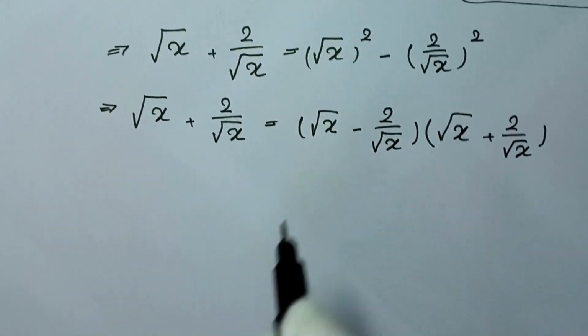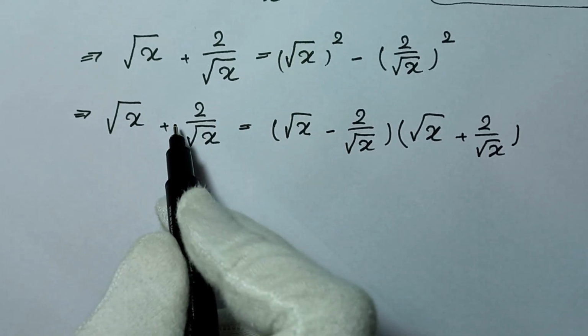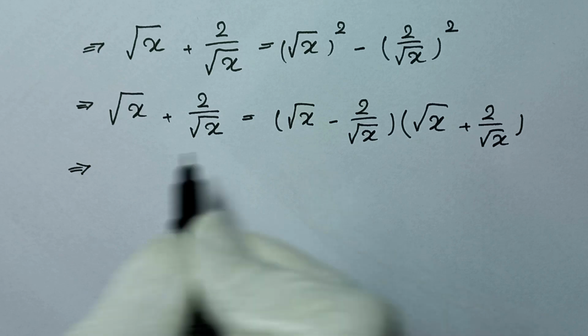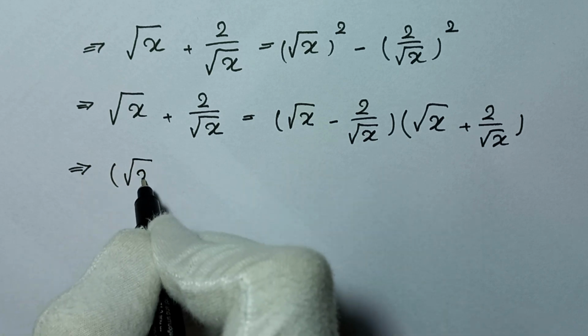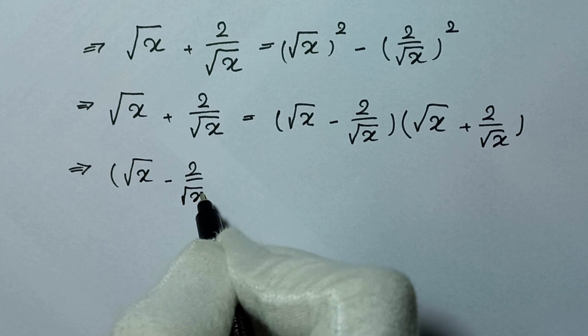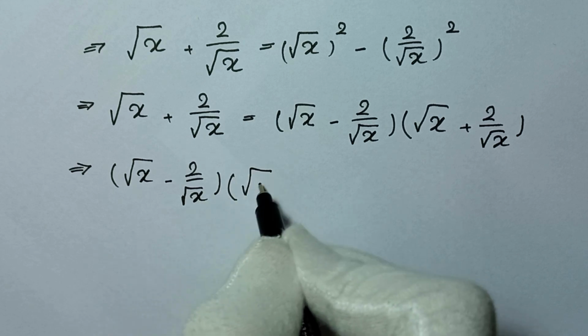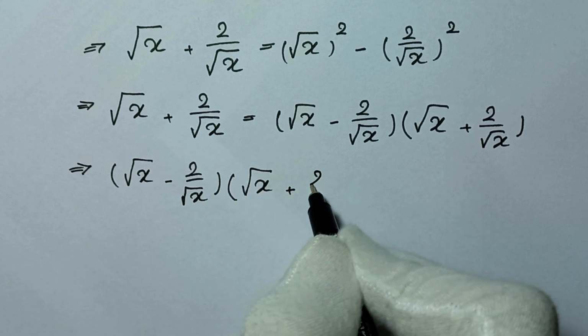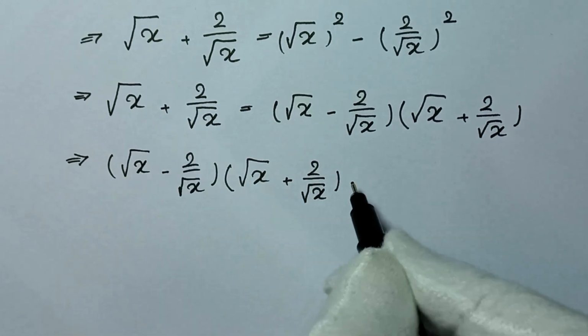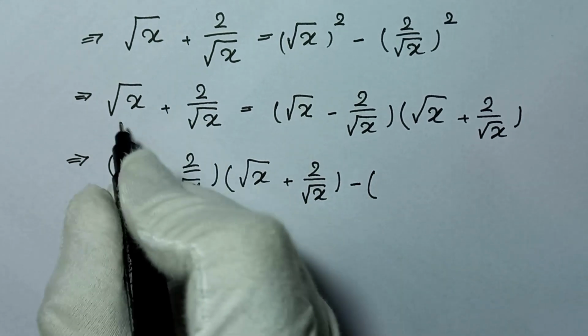In the next step, we take these two parts to this side and it will be square root of x minus 2 over square root of x times square root of x plus 2 over square root of x, and we take this to this side and it will be negative this, right?